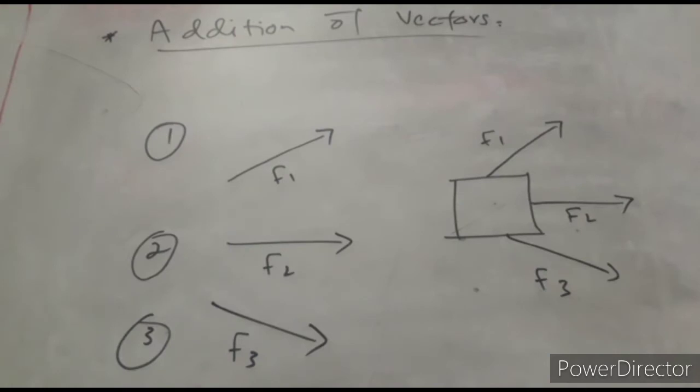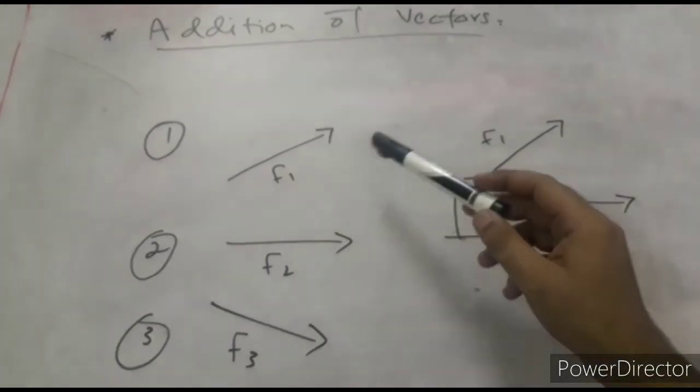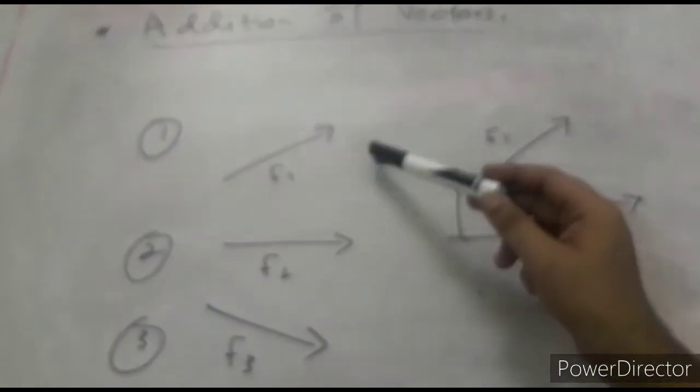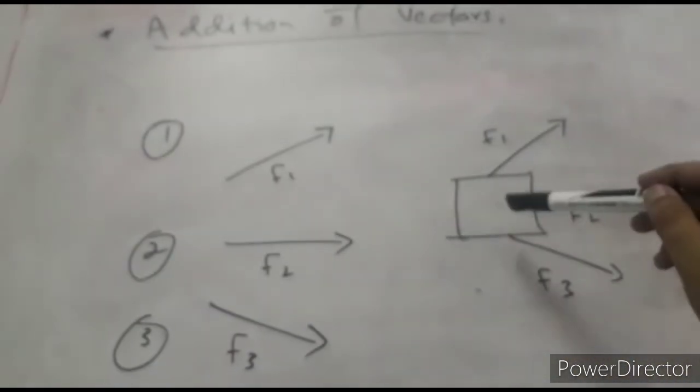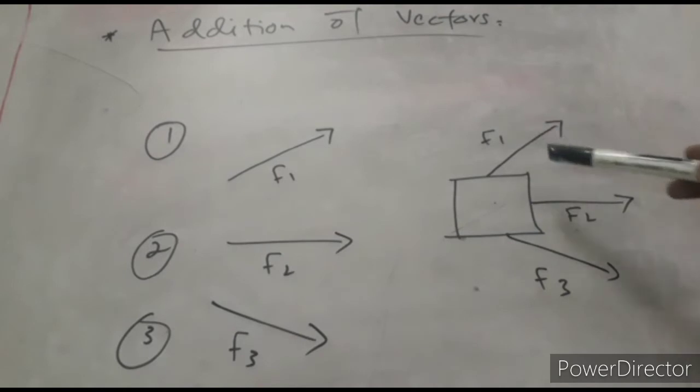Okay students, so the next topic for today is addition of vectors. We have seen that we usually add two or more scalar quantities, like we add a time with some other time value, and we add some speed with some other speed value. The same way we have a case over here that we have to add these forces. We have three different forces, F1, F2 and F3, which are acting on a box like this.